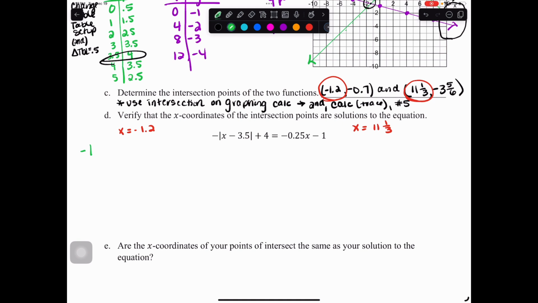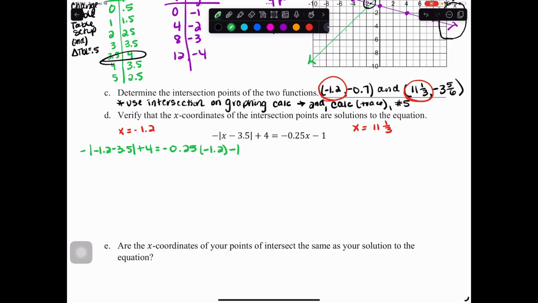So for this first function on the left, we've got negative, and then we've got in parentheses, negative 1.2 minus 3.5, not in parentheses, in absolute value, and then plus 4 on the outside of that. While on the other side, we want to have that negative 0.25, then times x, which we have as negative 1.2, and then minus 1.